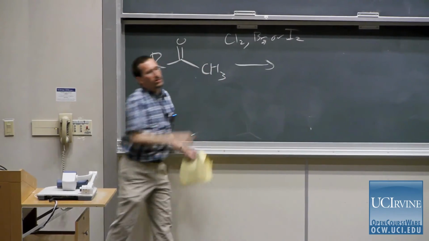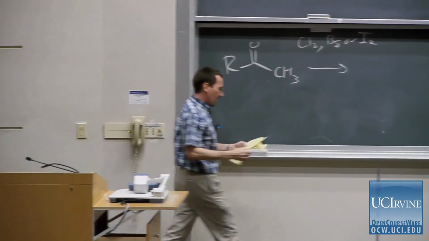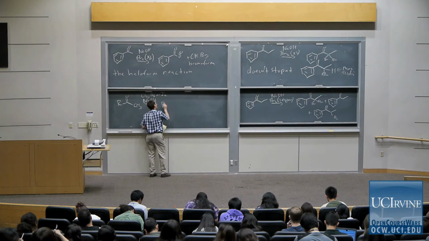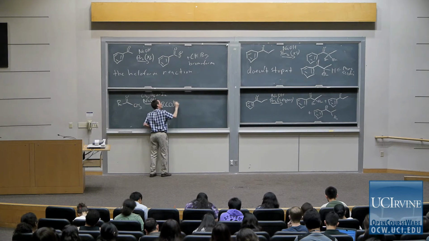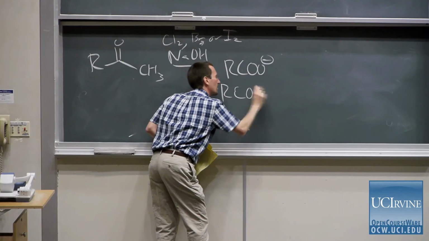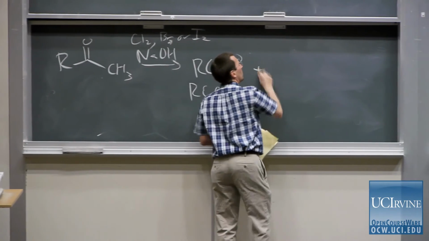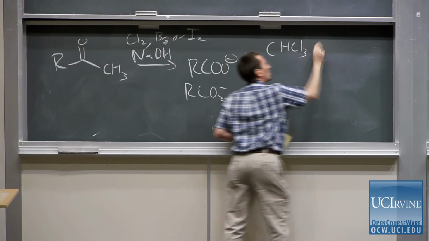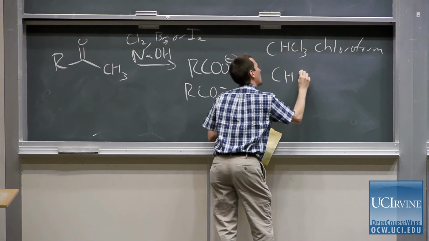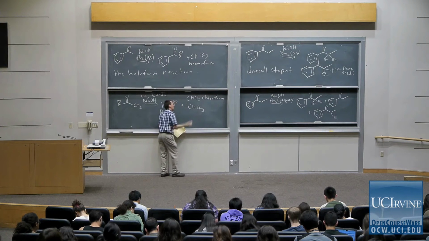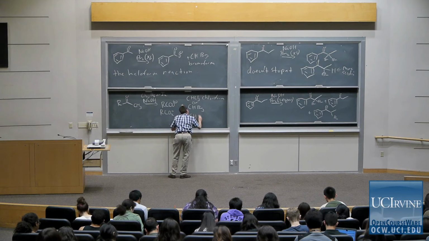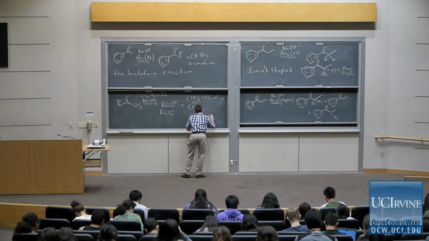In other words, molecular chlorine, bromine, or iodine, and some base, sodium hydroxide, but again, potassium hydroxide would do just fine, generates RCO2-, depending on how you prefer to write it. Either of them is fine, plus CHCl3, chloroform, CHBr3, we already said that's bromoform, so I'll say plus one or the other, or CHI3, iodoform.